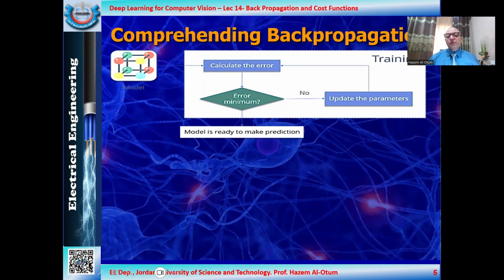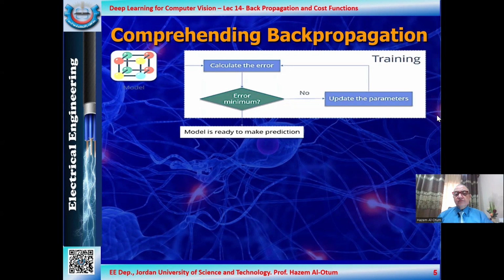Now, in order to comprehend backpropagation simply, let's see this flow chart, or block diagram. Here we have the network. This is our network. Now, what we're going to do is apply the input at this place.